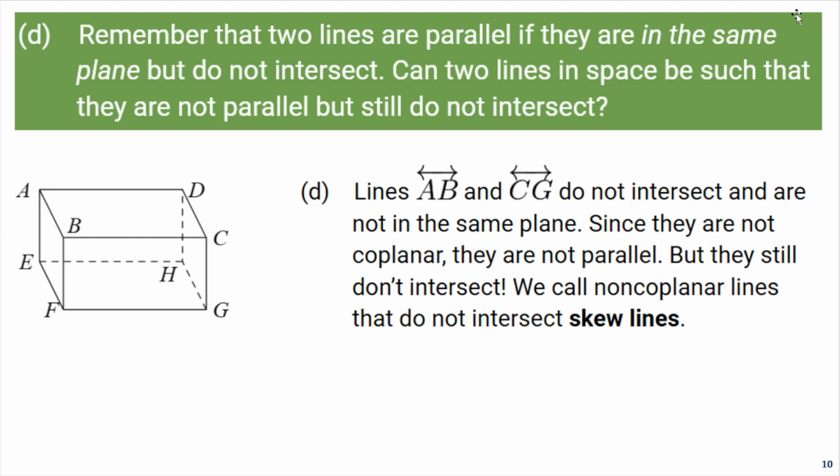For example, if we consider a typical room, we know lines A, B, and C, G do not intersect and are not in the same plane. Since they are not coplanar, they are not parallel, but they still do not intersect. We call non-coplanar lines that do not intersect skew lines.